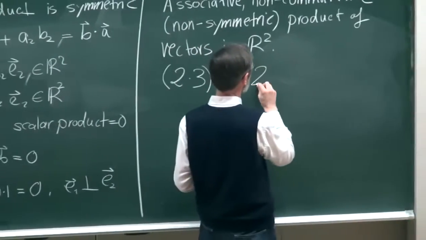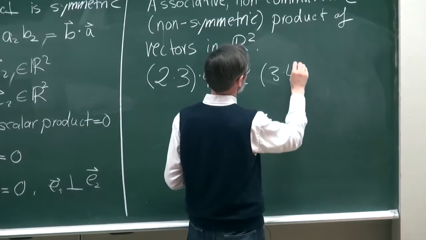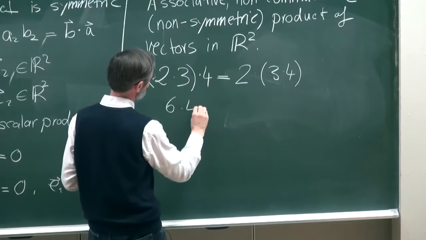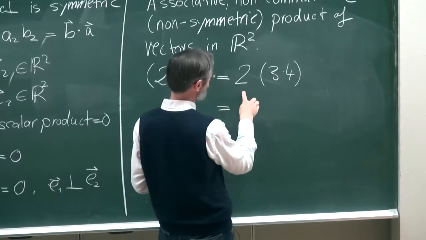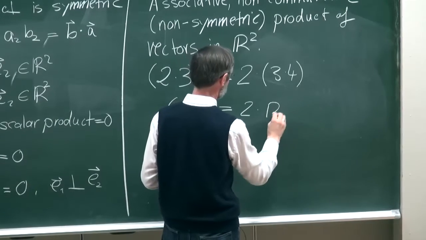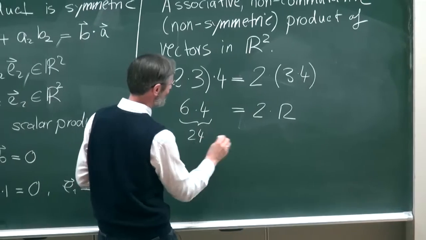First 2 times 3, then times 4, and here you get 6 times 4; or first 3 times 4, and here you get 2 times 12. In both cases this makes 24.